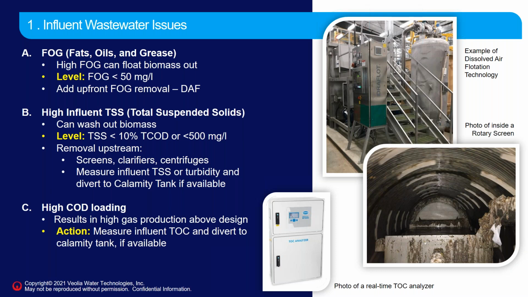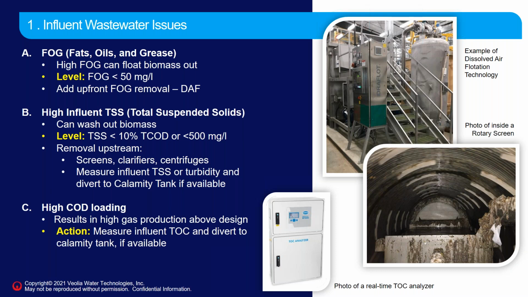If you can't keep it that low, we recommend that you put some sort of upstream solids removal. That could be screens, it could be clarifiers, centrifuges, a DAF. You can also put in an influent TSS or a turbidity measurement to divert high TSS influent into a calamity tank if available.